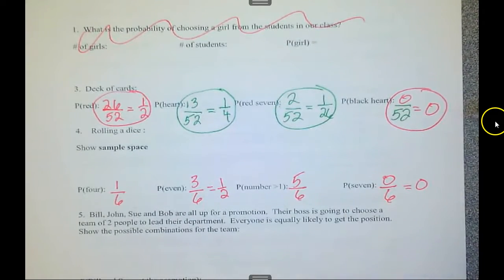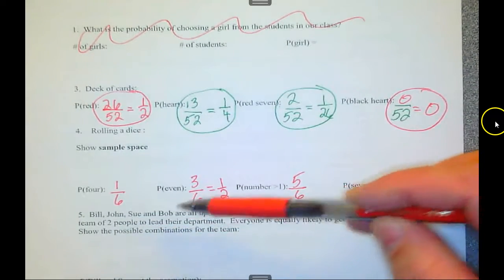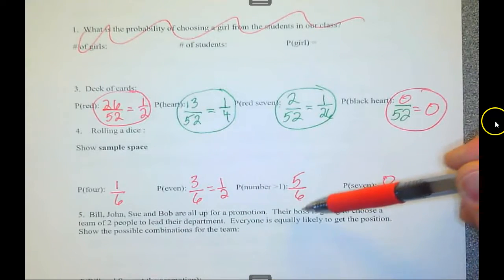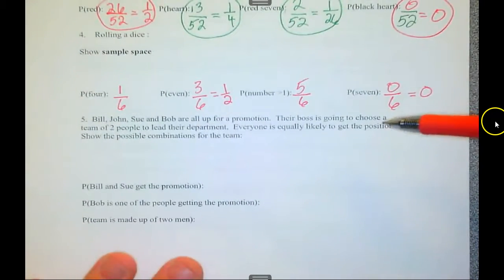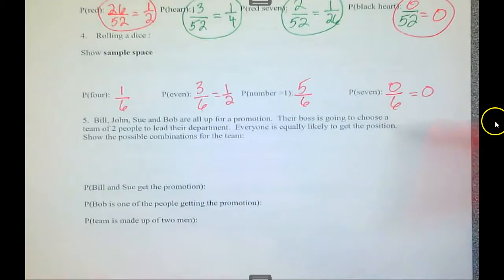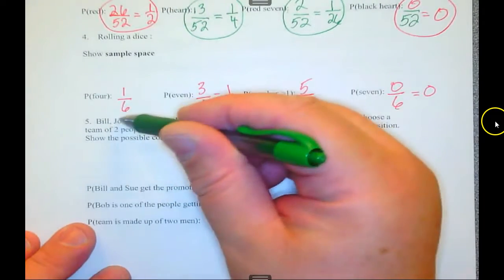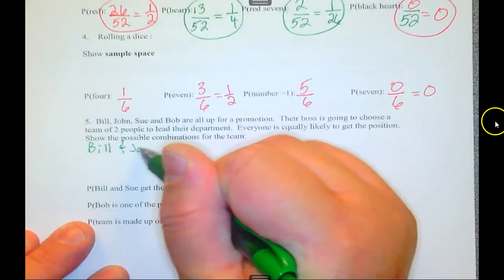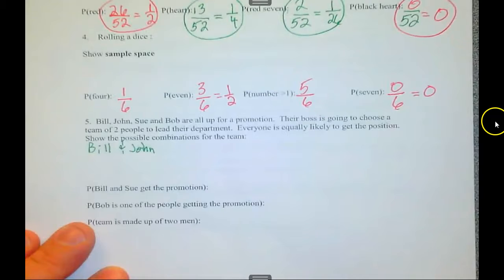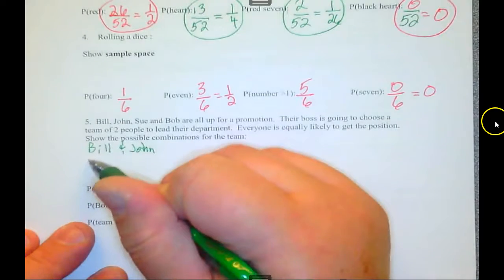Well, this one's hard. Bill, John, Sue, and Bob are all up for promotion. Their boss is going to choose a team of 2 people to lead their department. Everyone is equally likely to get the position. Show the possible combinations for the team. Well, let's see. There's Bill and John. We have Bill and Sue.